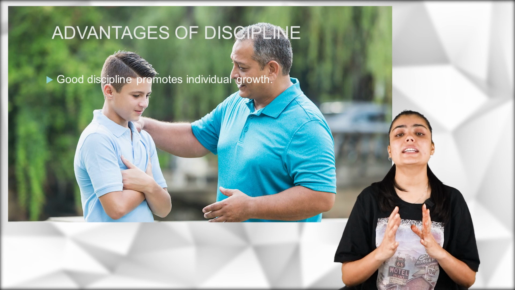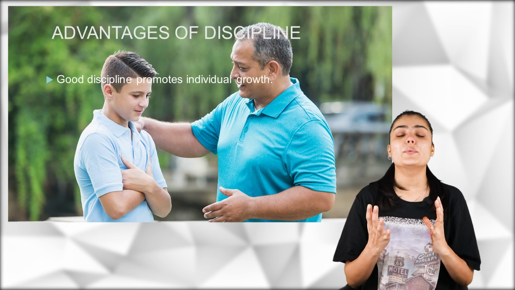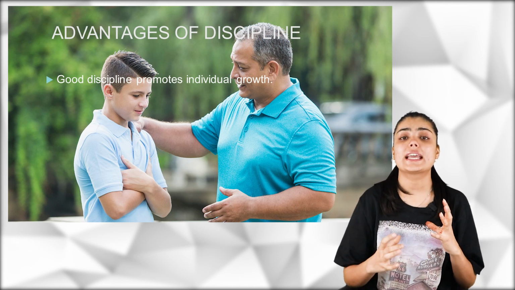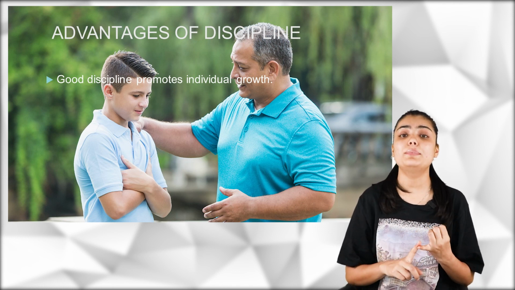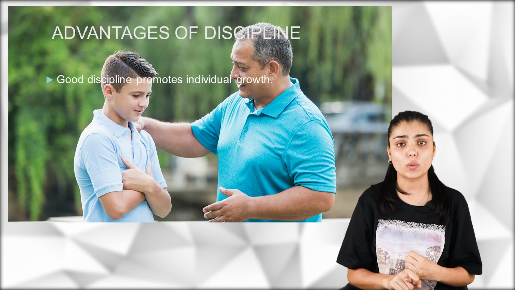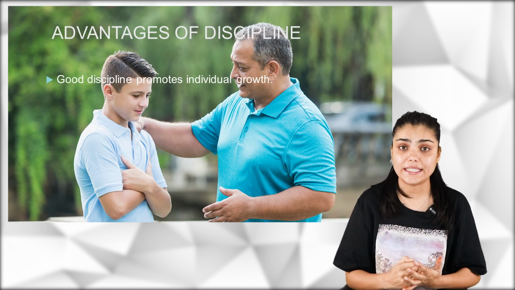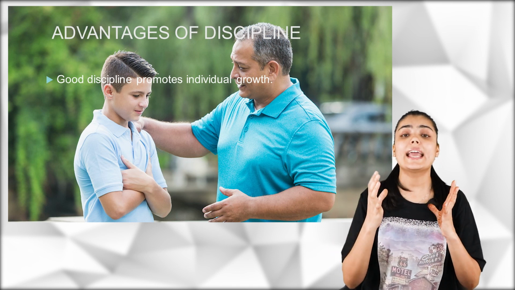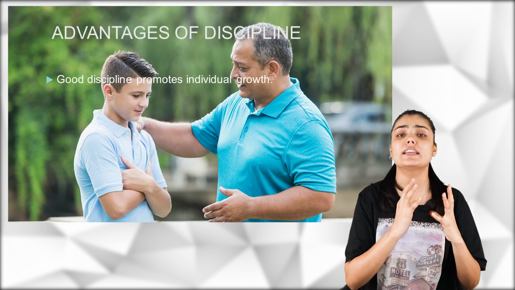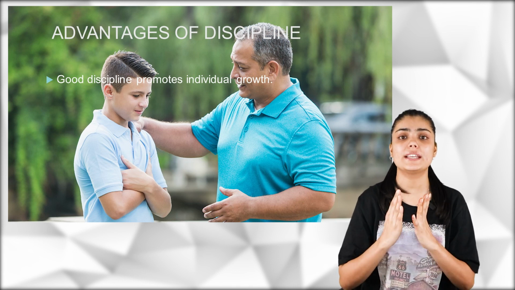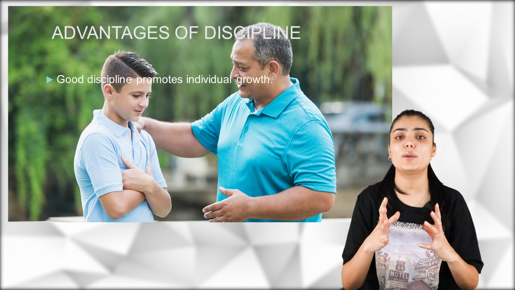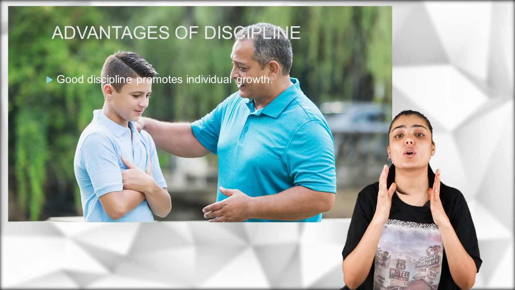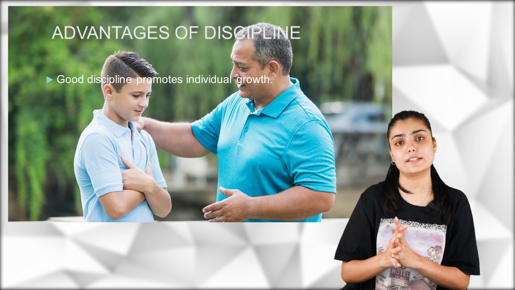Next, we have advantages of discipline. So why do we need discipline at our home, or in any organization that we study? So good discipline will promote individual growth. If a person is disciplined, the person will be able to achieve individual growth. In any working environment, if the employees follow a certain discipline, it helps them to avoid any kind of distraction and focus on their work and work effectively.